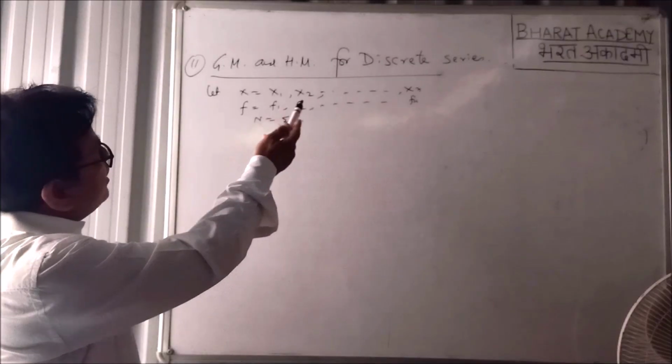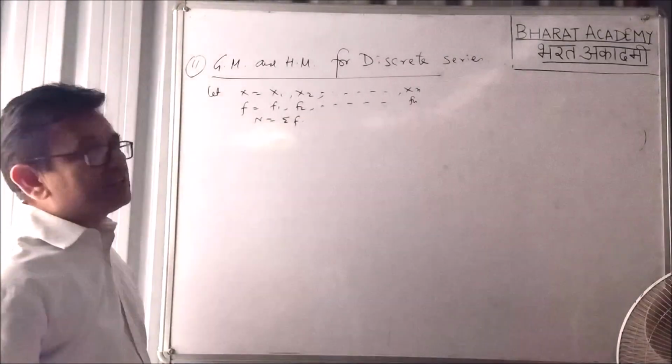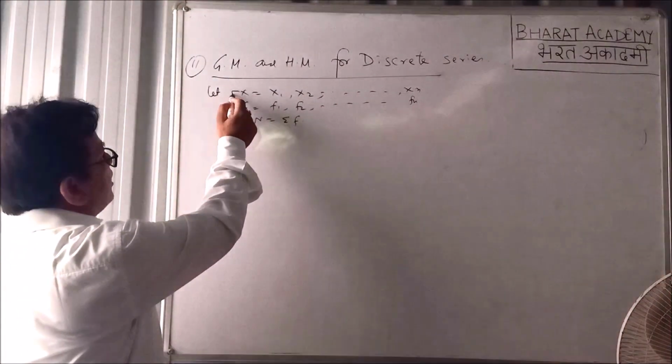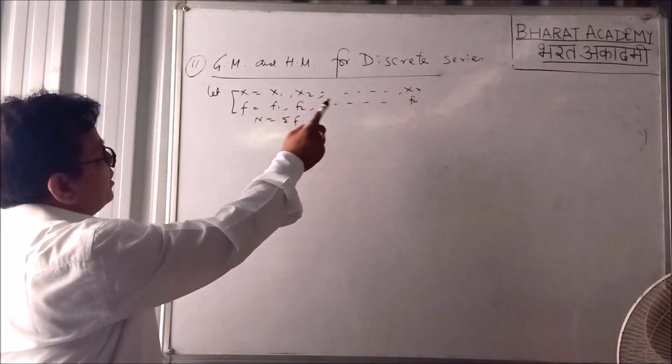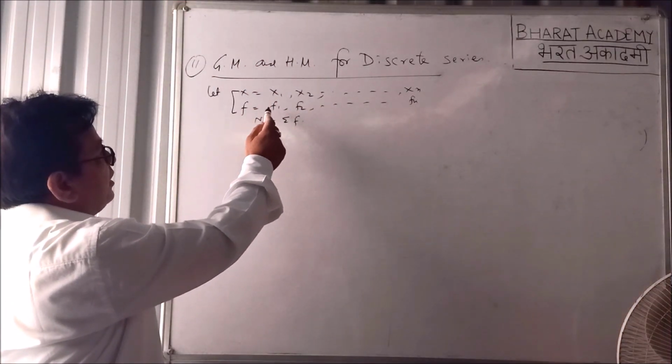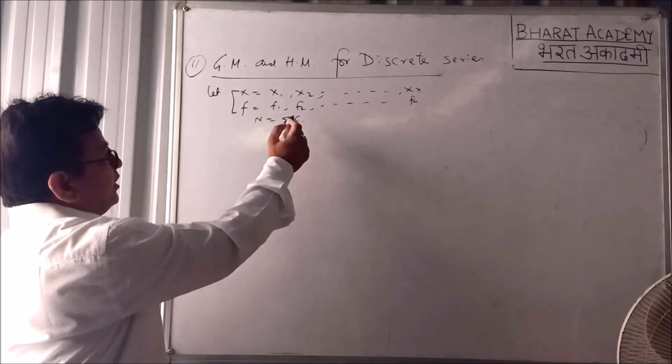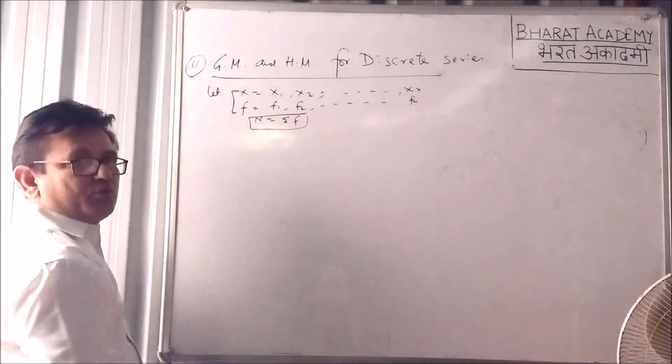Now the geometric mean and harmonic mean for discrete series. Discrete means in which the variable and their corresponding frequencies are given. x is x1, x2 up to xn, and their corresponding frequencies are f1, f2 up to fn. Here capital N will be the total frequency.